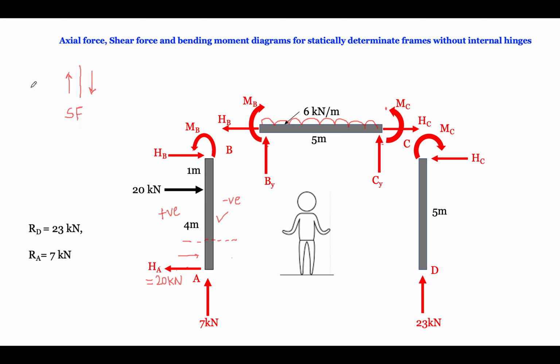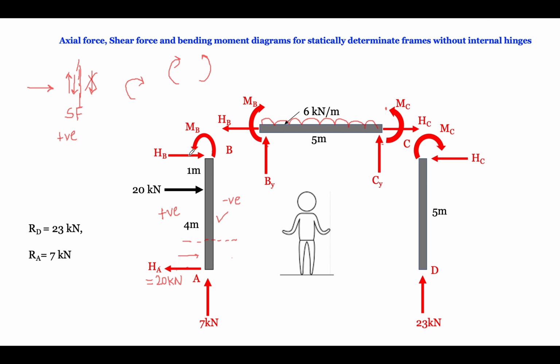It means if we start our calculation from left to right, whatever forces going up are positive and whatever coming down are negative. But when you start calculation from right to left, the sign convention is opposite. And then for bending moment, clockwise is positive and sagging is positive. So this is the sign convention we are going to follow.